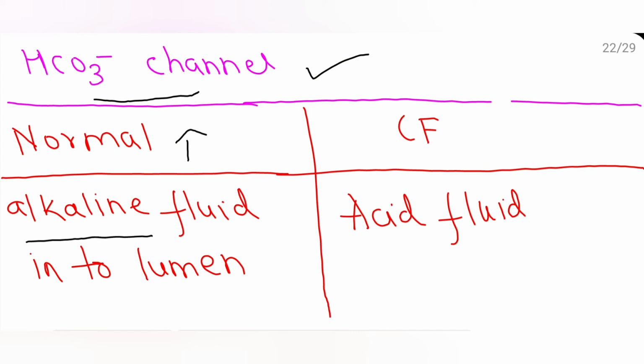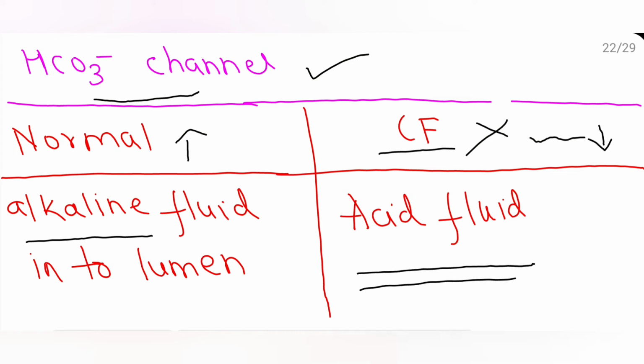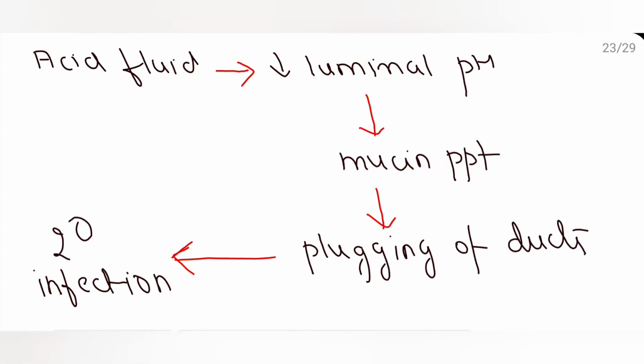In case of cystic fibrosis, in case of CFTR mutation, what happens? This secretion of bicarbonate doesn't take place. So in the lumen there is decreased bicarbonate, so the fluid in the lumen is acidic.